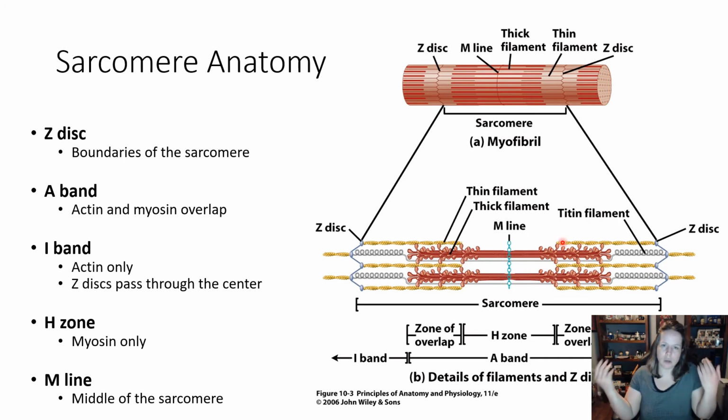So the H zone is just myosin, where we don't have overlap when we don't have a contraction. So we have M line, H zone, A band, I band. And when we contract the muscle, those actin and myosin are going to slide over each other, shorten the sarcomere, and we're going to get a contraction. That's the whole focus of our next lecture, so I won't get into it too much here.